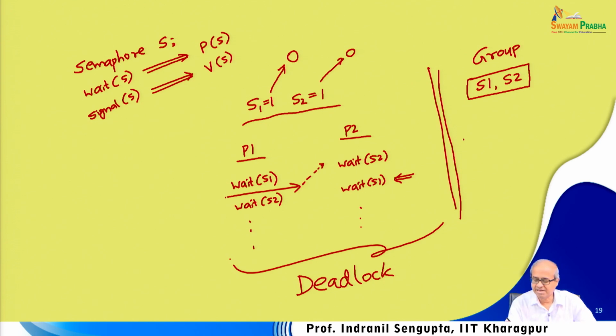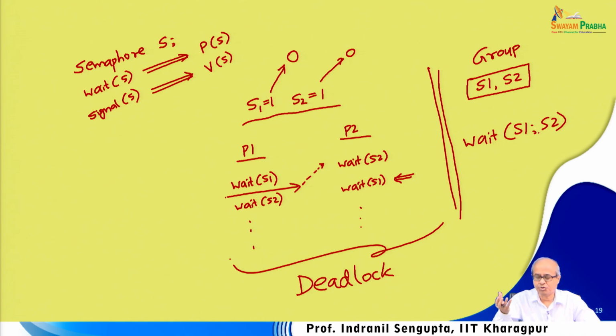So, when I call a wait, I will be calling wait for both S1 and S2 together. Only if both S1 and S2 are available, that is, the values are 1, will this wait execute; otherwise, it will not execute. Similarly, you will do signal on both S1 and S2 together.